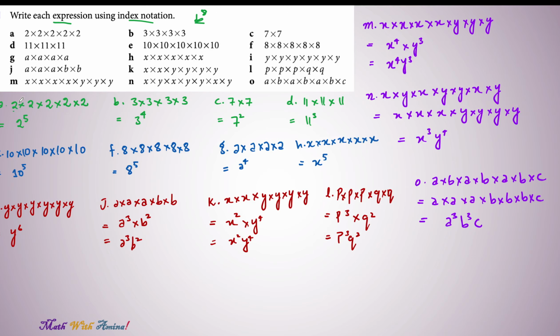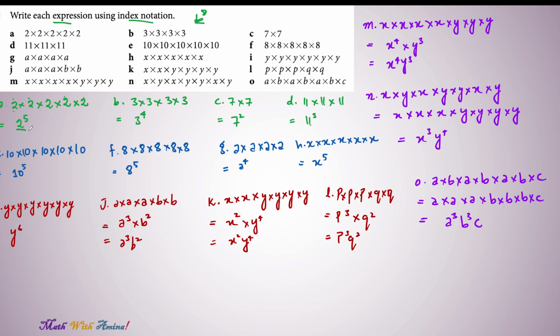How many times does it appear in the multiplication? 1, 2, 3, 4, 5. This is how we express it: we write the base and then the index as a small number at the top of it. So 2 is multiplied 5 times. That is how we write an expression in index notation.